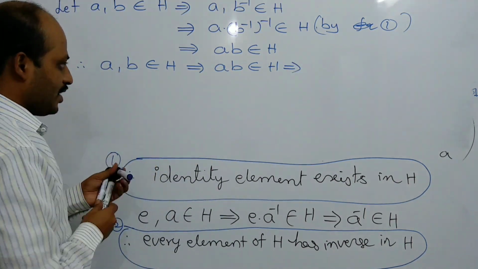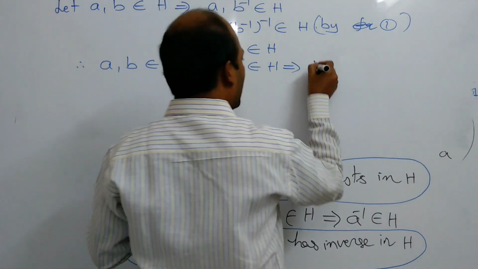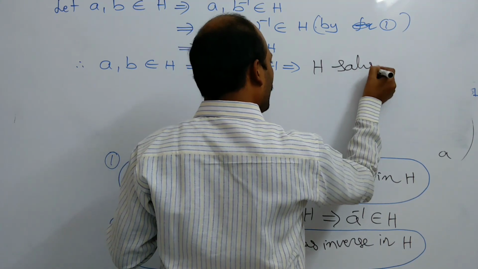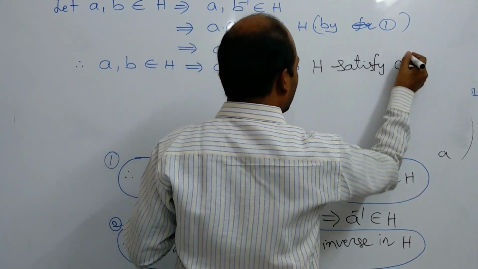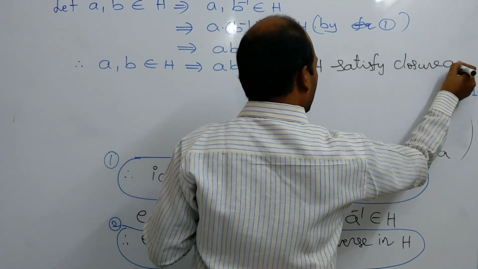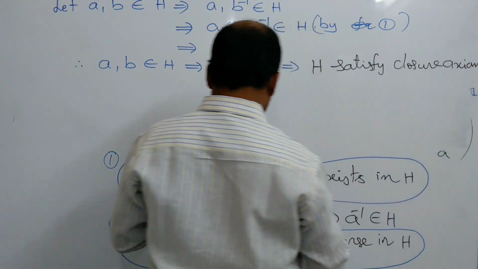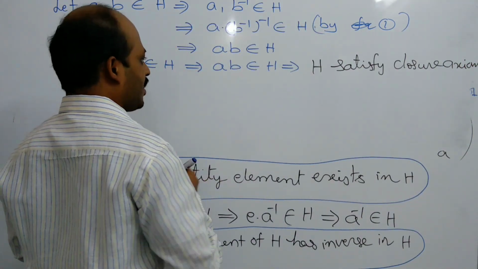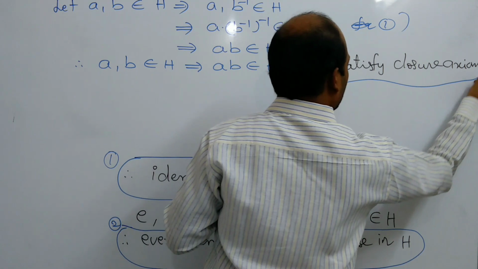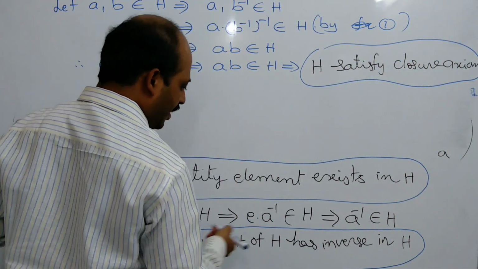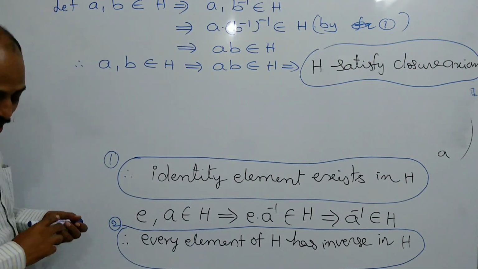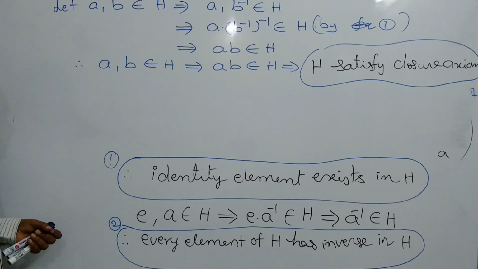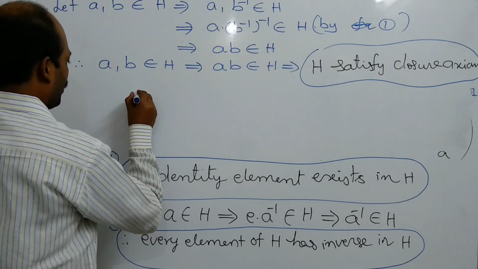This condition shows us H satisfies the closure axiom. Now you observe that three axioms are finished: closure, existence of identity, existence of inverse. And the associative axiom is very simple.